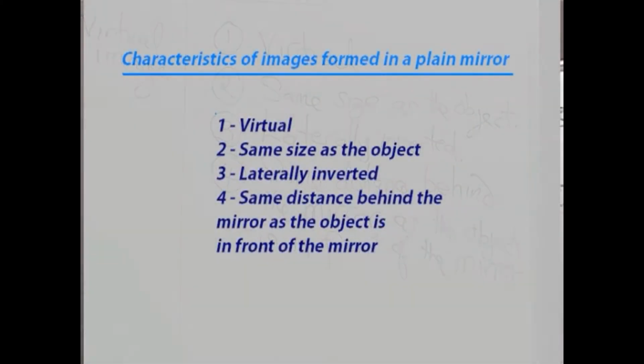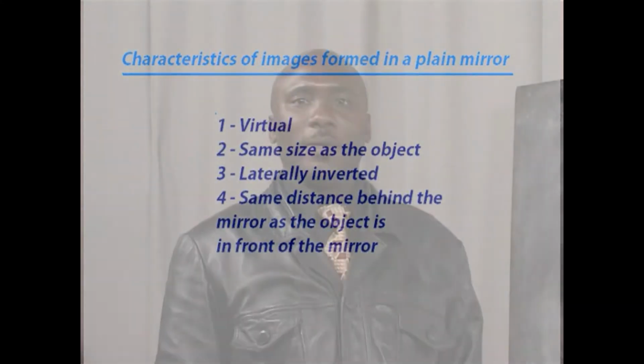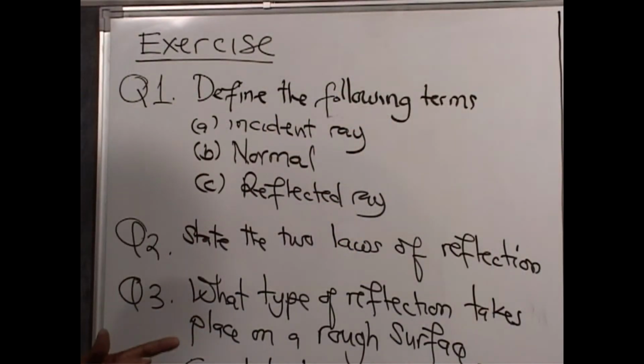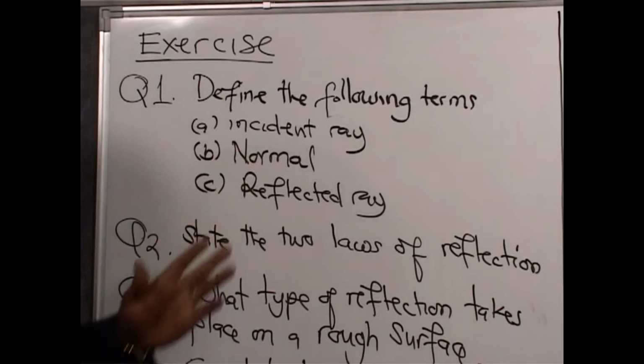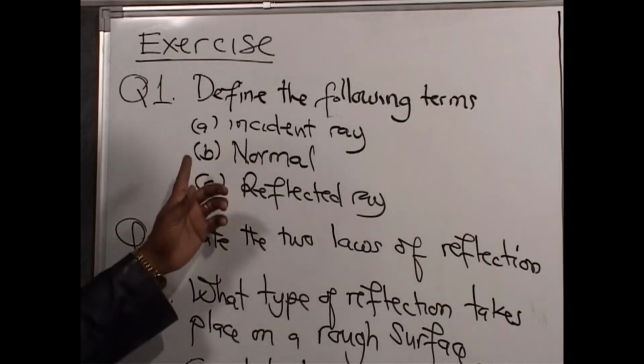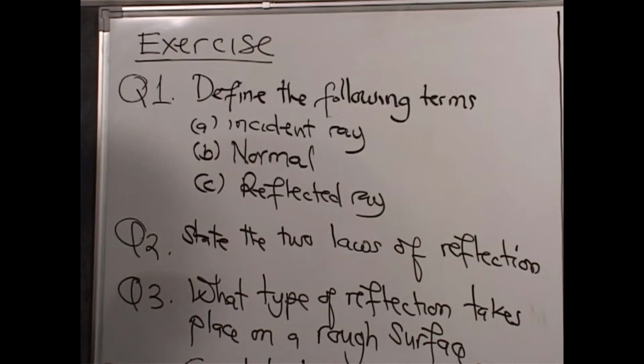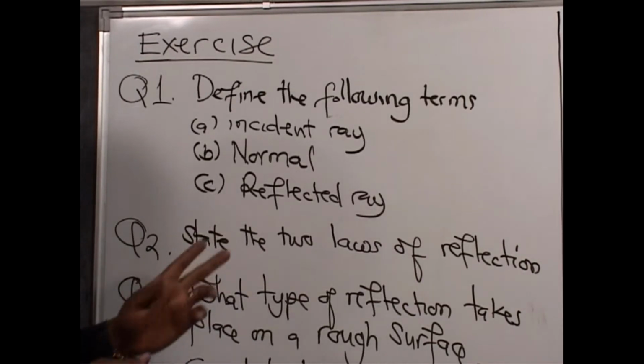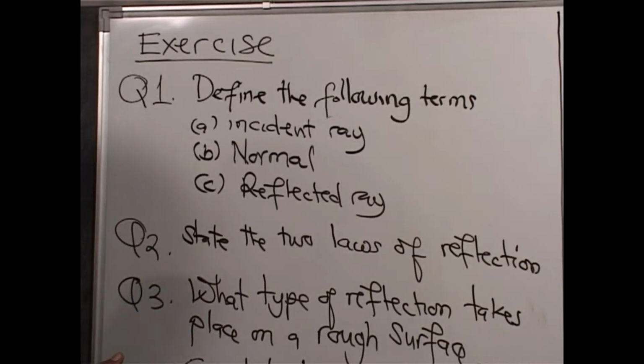So those are the 4 characteristics of images that are formed in a plane mirror. Now, before we end our lesson, let's try some of the questions that we have. The first one says, define the following terms: A, incident ray; B, normal ray; C, reflected ray.